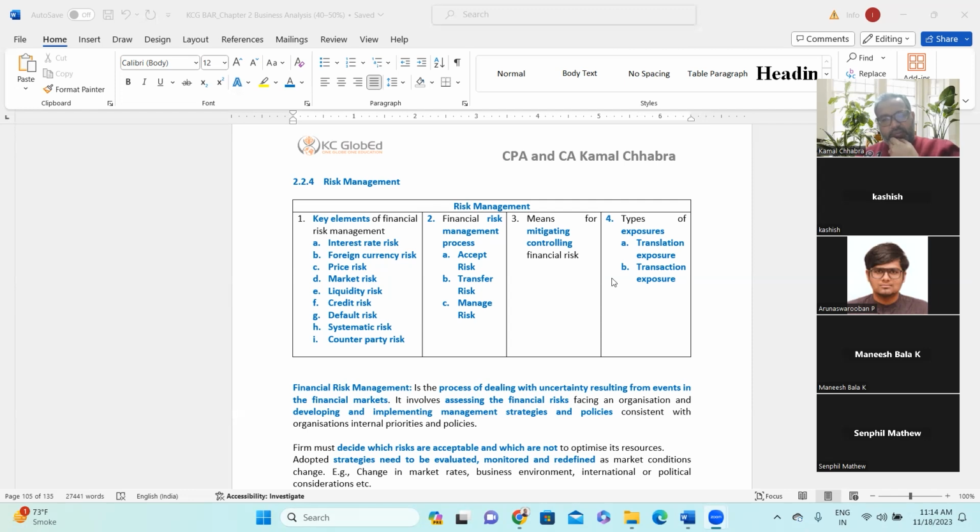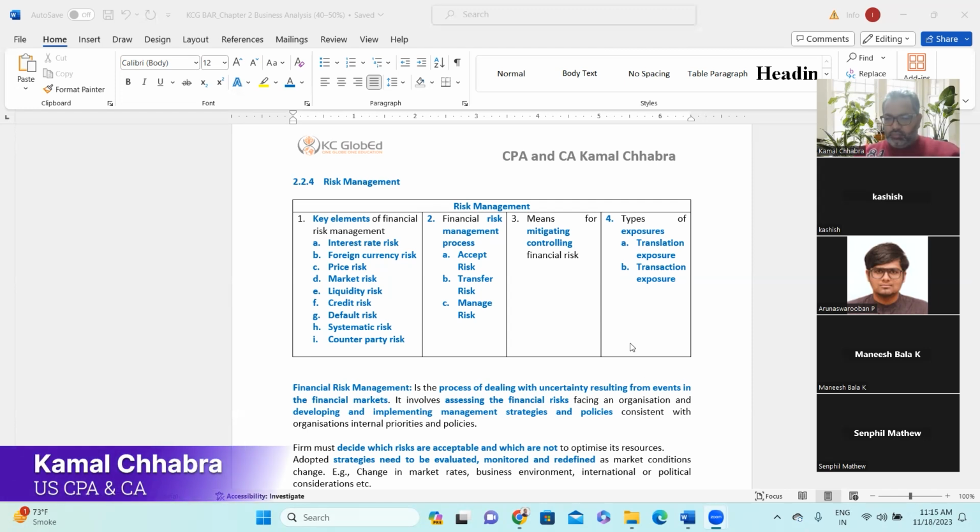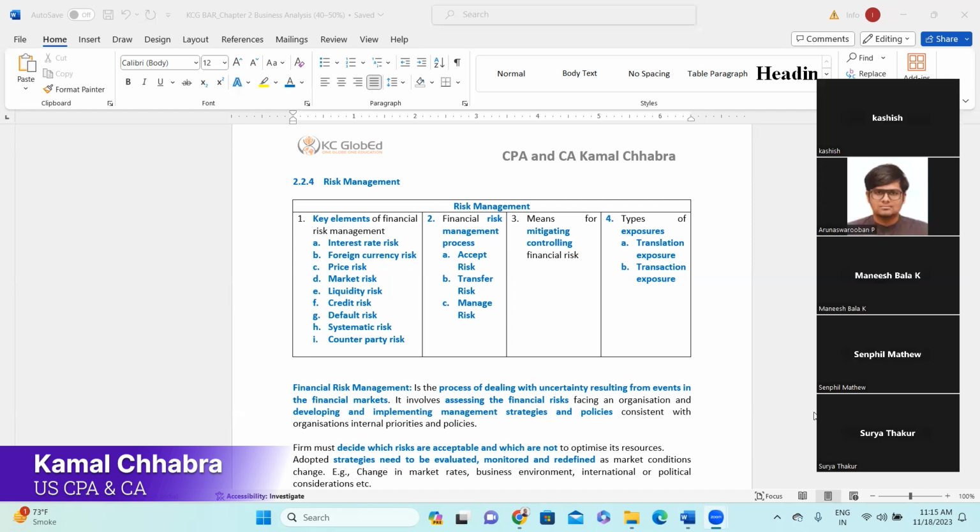What else? Arun, Manish, Sapnil, any thought you guys would like to add? Have you heard this term before, risk management, by any chance? Surya, Manish, yes, come on. Any idea what risk management is? Any understanding you may have? Don't worry, no one is judging you, no one is giving you marks.